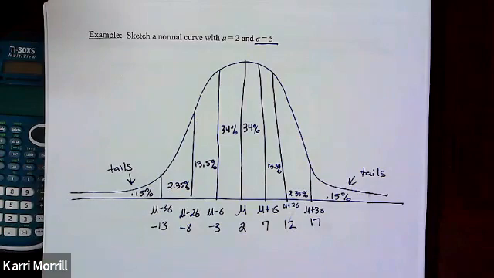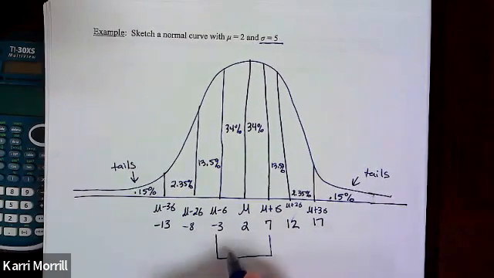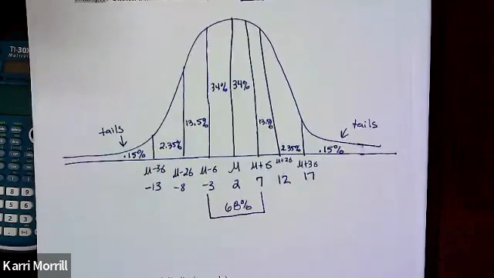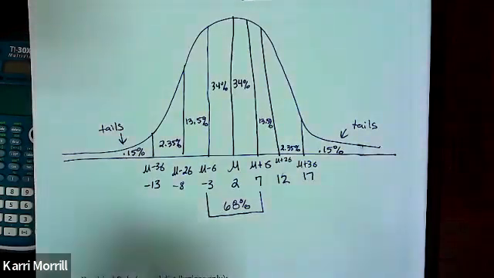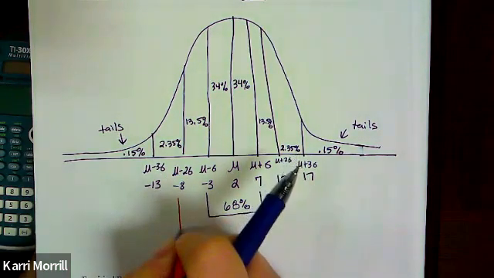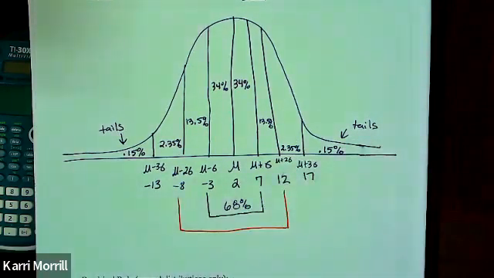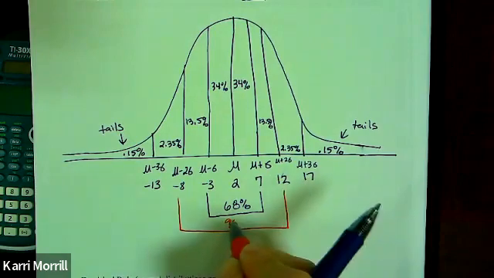So if we were to total from the mean minus 1 standard deviation to the mean plus 1, the total amount of area underneath there is 34 plus 34, which is 68%. So 68% of the data falls within 1 standard deviation of the mean. If we were to total between 2 standard deviations from here to here, the percentage under that curve is now 95% of the data.